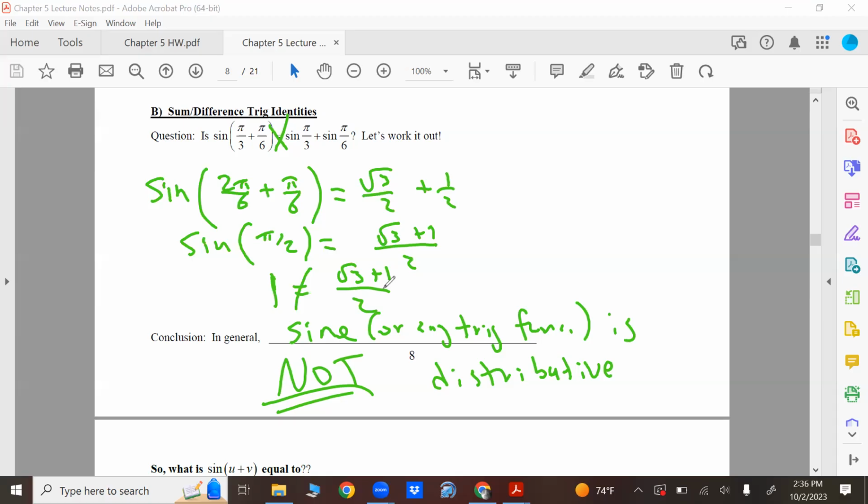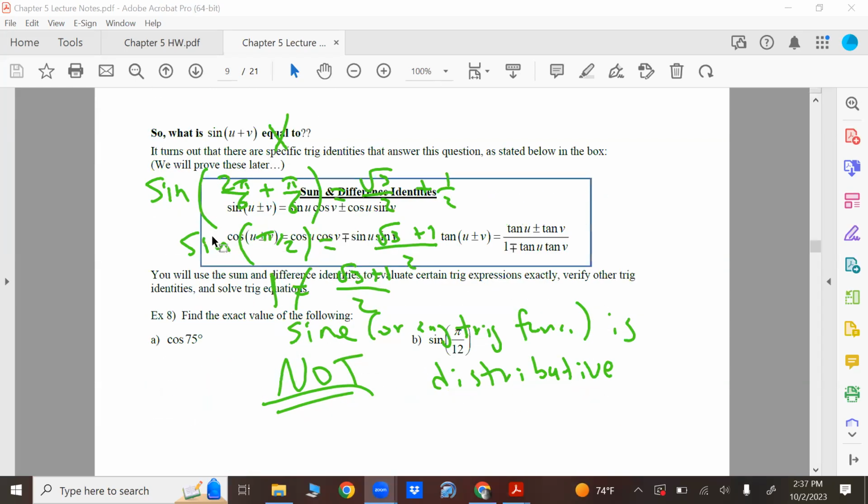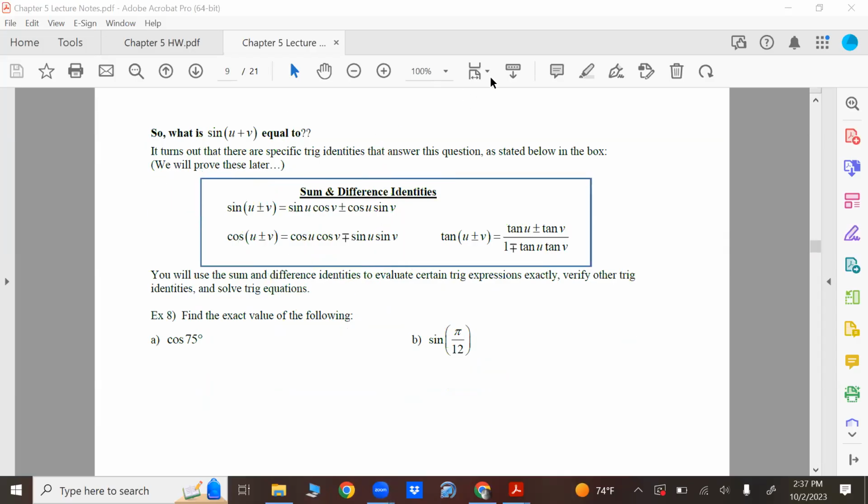So what do we do instead? We have formulas for these, right? The formulas are on the next page. Sine of u plus v, or whatever letters you want to use for the two angles, is this. I am going to ask you guys to memorize these and it sucks.